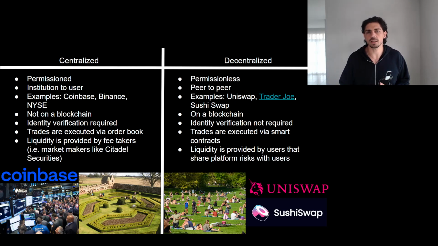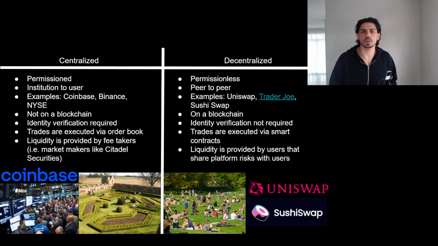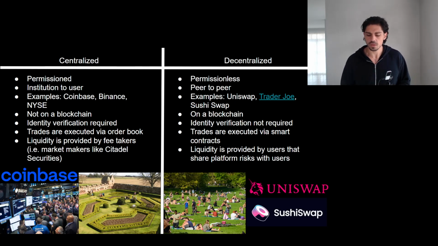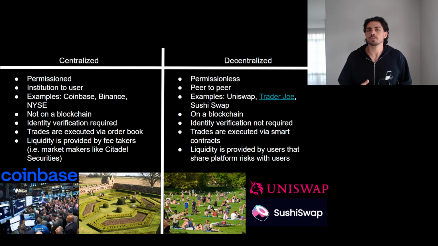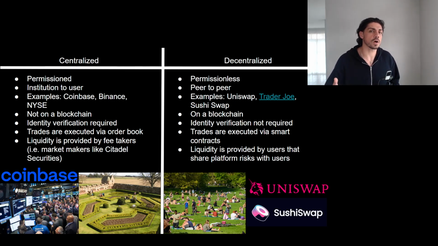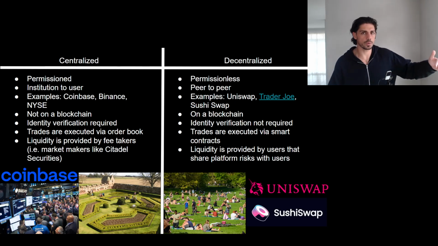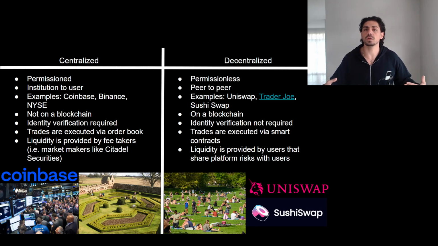So they aren't participating in the market, they share limited risk with the market, right? Whereas liquidity provided by users that share platform risks is what happens in a decentralized environment. So, meaning, as a user who uses, say, Uniswap, you are engaged in using that liquidity that's hosted there, and other users are the ones who are providing the liquidity that's hosted.